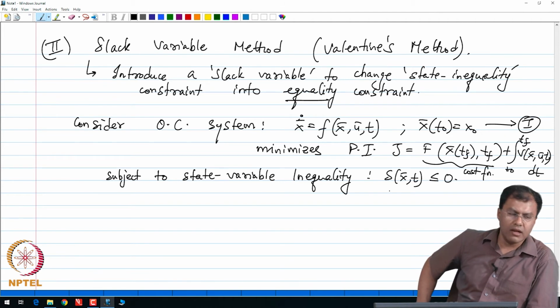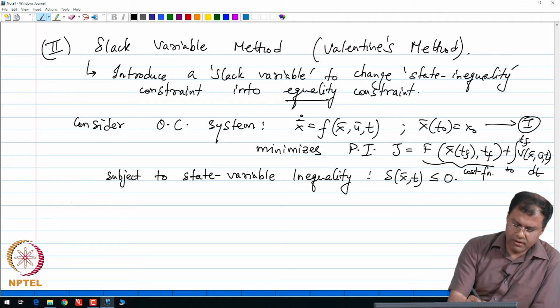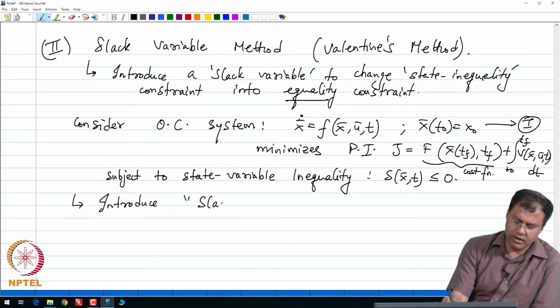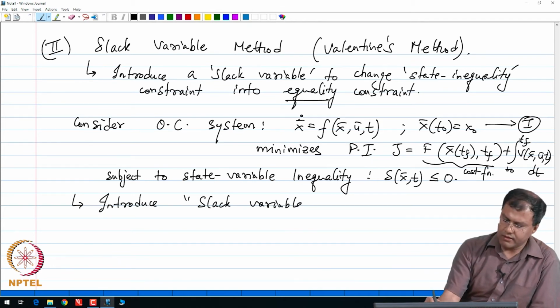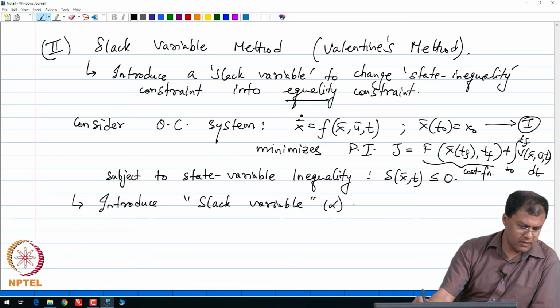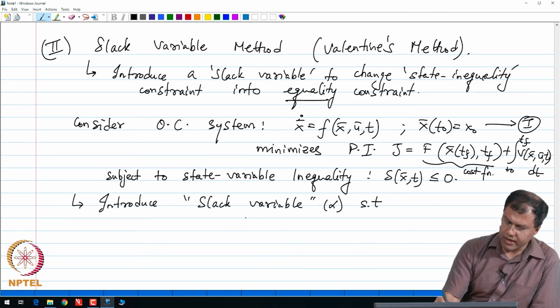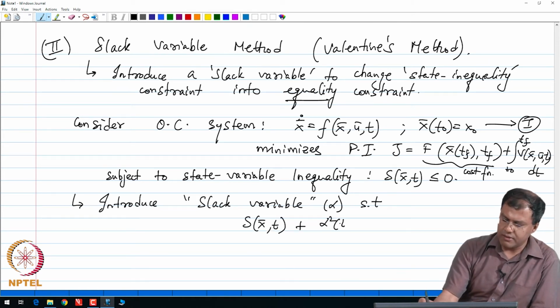So, introduce the so-called slack variable alpha, such that S of x comma t plus alpha square by 2, typically a function of the independent variable t, is equal to 0.